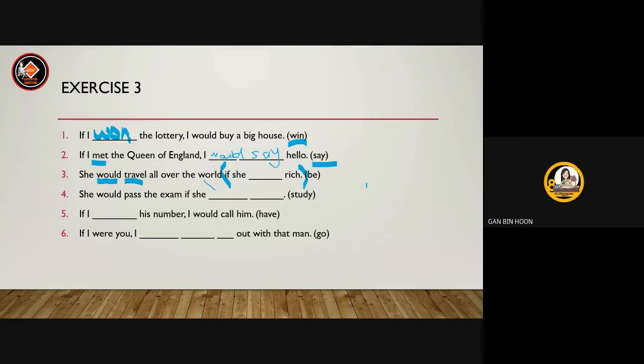What's the answer? Remember the formula? What's the formula? One is if plus past tense, right? Past tense plus past tense. Another one plus what?